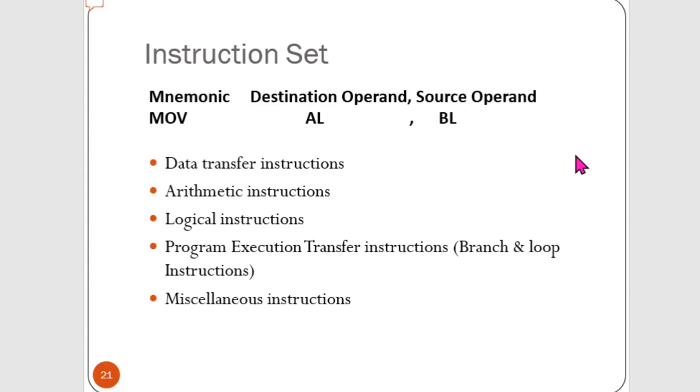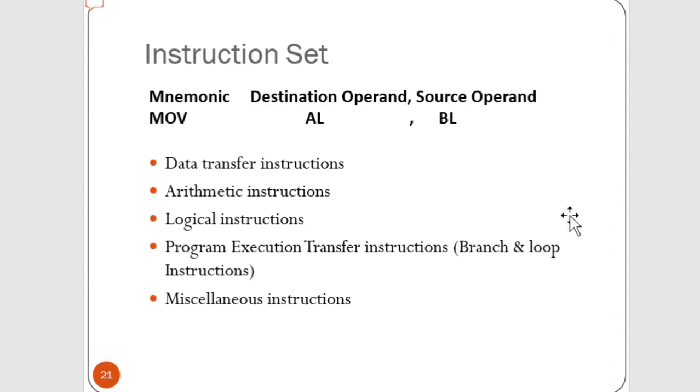The types of instructions can be classified as data transfer, arithmetic, logical, and program execution transfer instructions, and there are some miscellaneous instructions also. We have to study the instruction set of 8086 to do the programming.